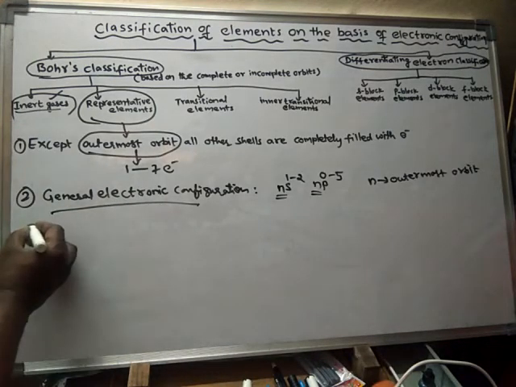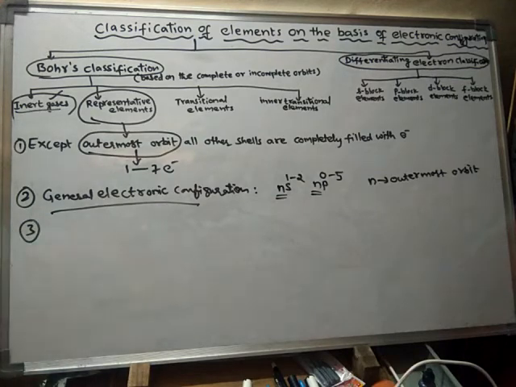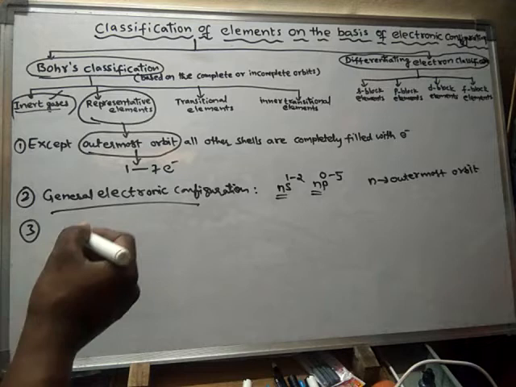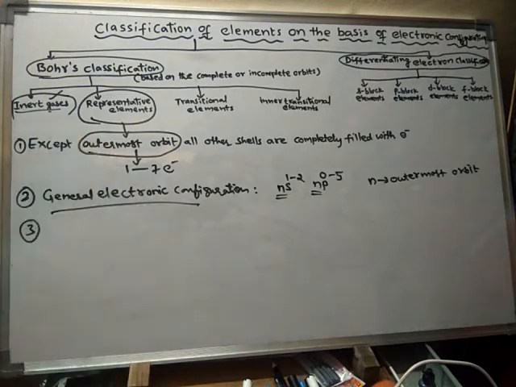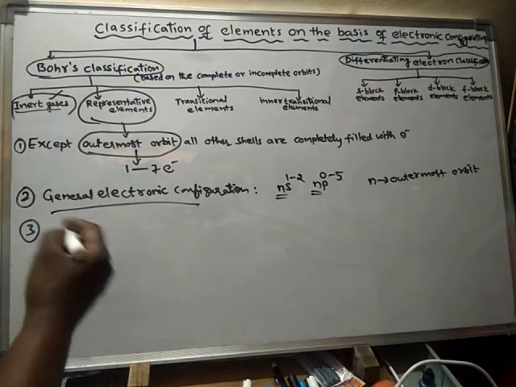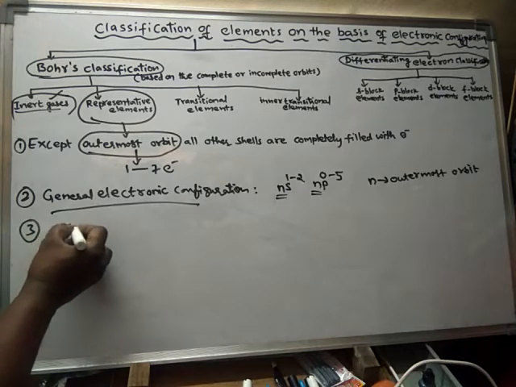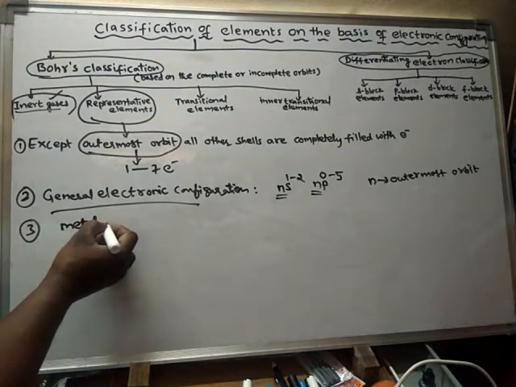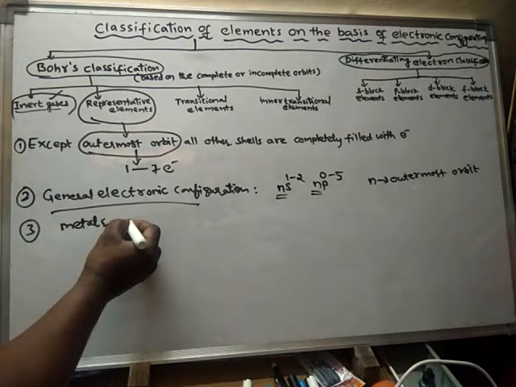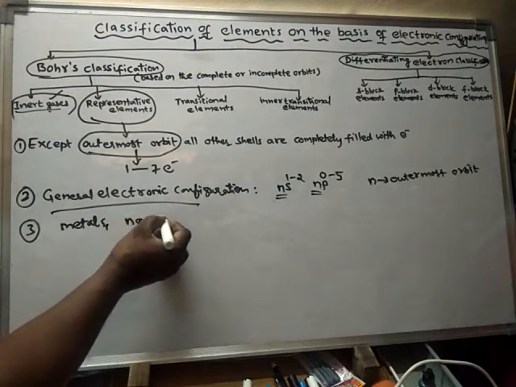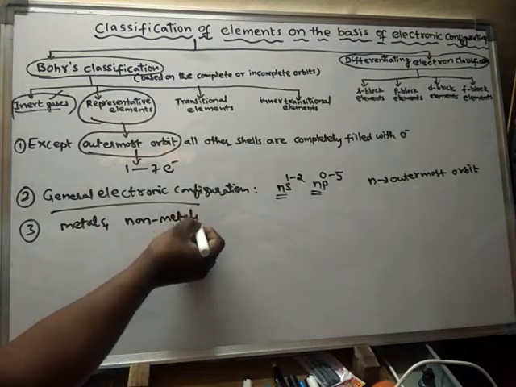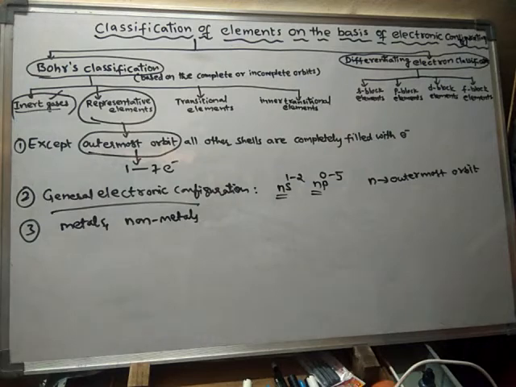See, in these representative elements, the elements belong to metals and non-metals. All non-metals are present here only. There is no non-metal in other groups.